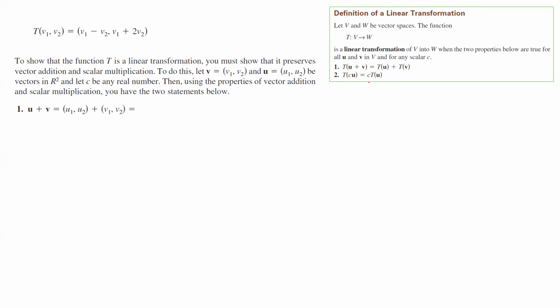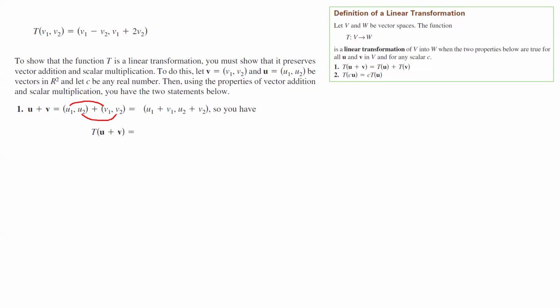Consider U plus V. U and V are two vectors in V. U plus V is (U1, U2) plus (V1, V2). You basically take the first components, add them together, take the second components, add them together.